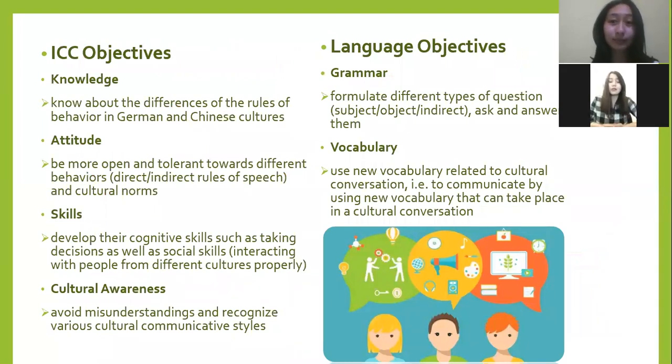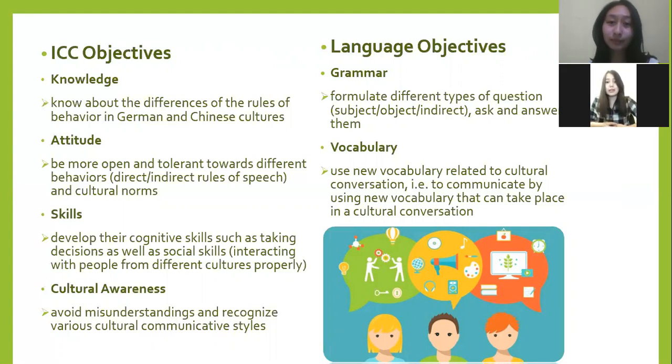So let's talk about ICC and language objectives. According to Byram's model of ICC, we have knowledge, attitude, skills, and cultural awareness. The first one is knowledge. Knowledge is about knowing the differences in the rules of behavior in German and Chinese cultures. Attitude is about being more open and tolerant towards different behaviors like direct and indirect rules of speech and cultural norms.